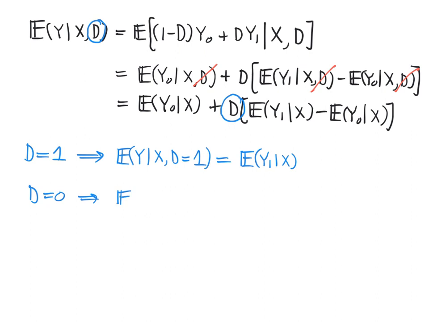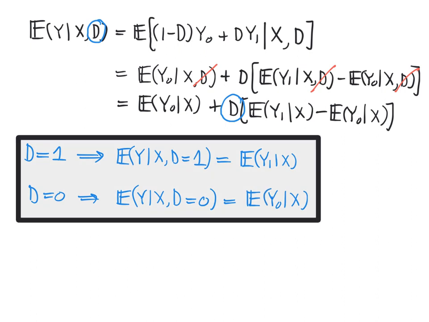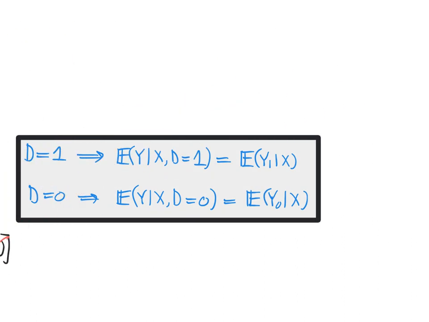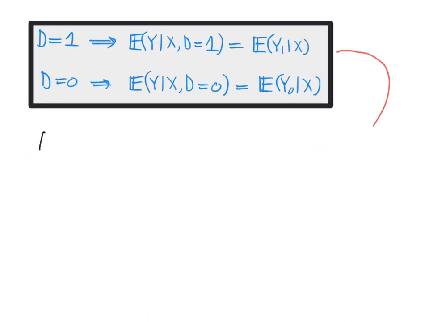On the other hand, if we set d equal to 0, then the entire second term in the expression disappears, and we're left with the expectation of y given x and d equals 0 is equal to the expectation of y0 given x. We now have all the ingredients we need to calculate the average treatment effect conditional on x.